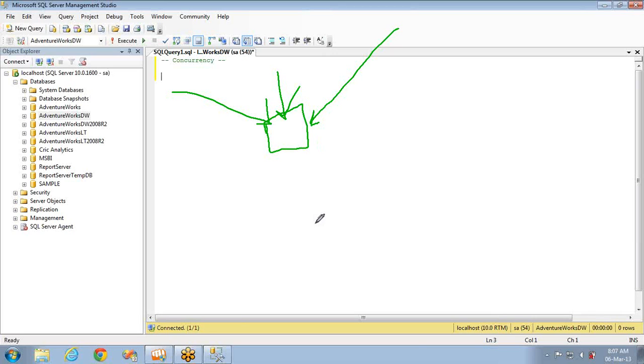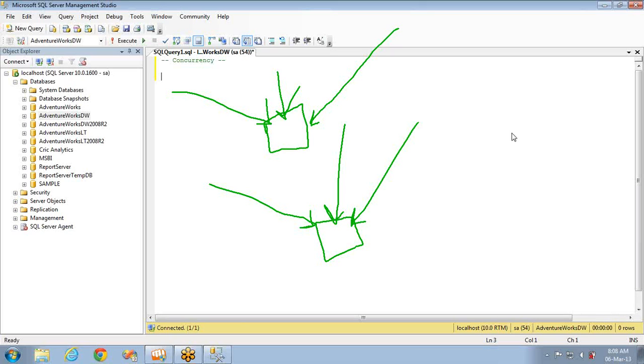In the same way, in database concepts, this is your data, and this user wants to access it, and this user wants to access it, and some other user wants to access it. In short, when several user applications try to read and write the same data at the same time, it is called concurrency.